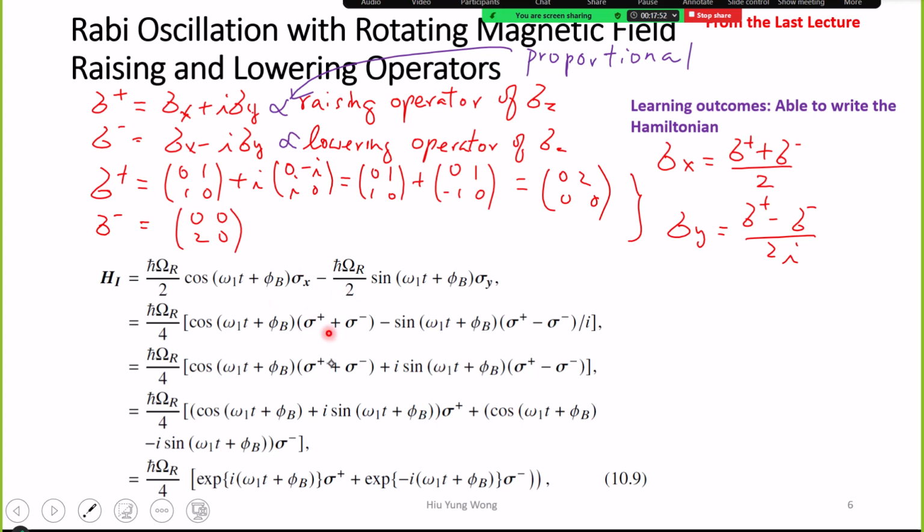So what we did is just substitute sigma x and sigma y by this, and then we have a lot of math. By recognizing we group the sigma plus together, and then use a trigonometric identity, and then you come up with these two terms. Any questions?